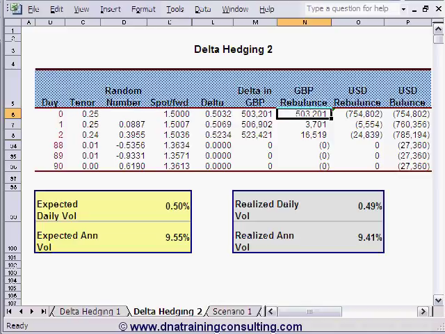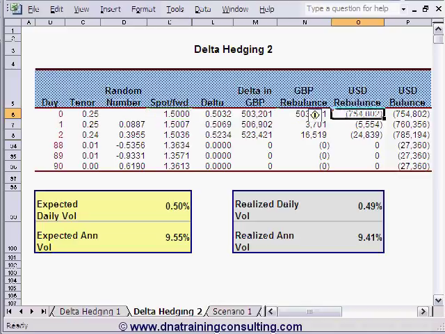The trader is therefore going long this amount of sterling, but in the forward market, and short an amount appearing in cell O6, and equal to $754,802, which very simply corresponds to the sterling notional of the forward contract multiplied by the forward of 1.5 prevailing on that date.